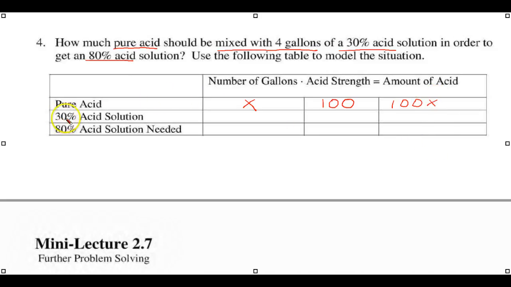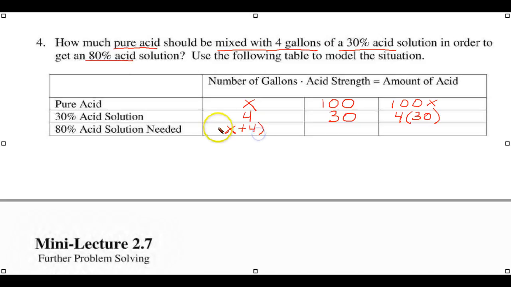Now, how many gallons of 30% acid solution do you have? Well, you have 4 gallons. And what's the strength of that? Well, it's 30%. So how much will you have when you finish? Of this, you'll have 4 times 30. Now, you want to end up with 80%. How many gallons will you have of the 80%? Well, you're going to have X plus 4.